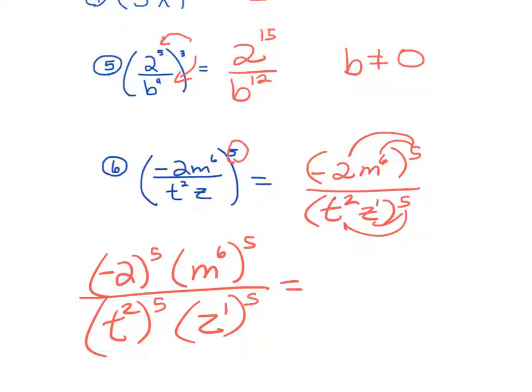So -2 to the 5th power, that's going to be -2 times -2 times -2 times -2 times -2, which will give me -32. Okay, we can. Let's leave it in exponential form. All right, so we'll leave it as -2 to the 5th, and we're going to leave it in parentheses. And then we're going to raise m to the 6th to the 5th. So we're going to make this m to the 30th over t to the 10th, z to the 5th.